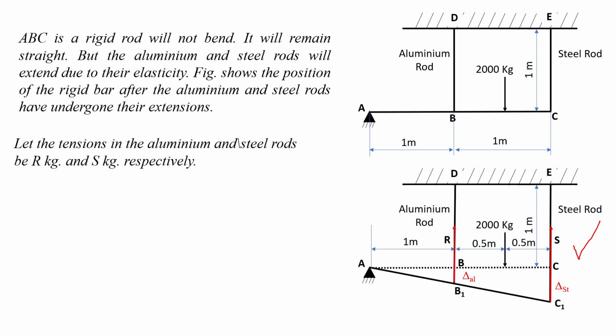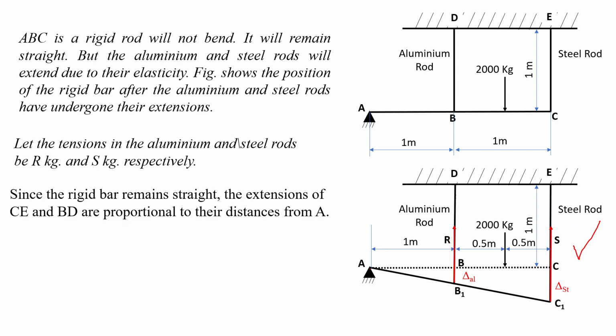Let us consider R kgs for the aluminium rod and S kgs for the steel rod. Since the rigid bar remains straight, the extensions of CE and BD are proportional to their distances from A. We can also solve it another way.